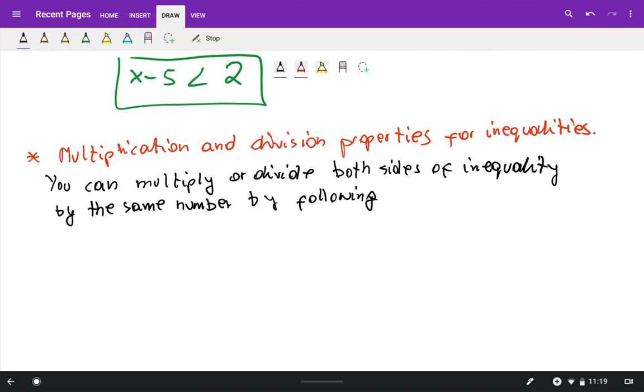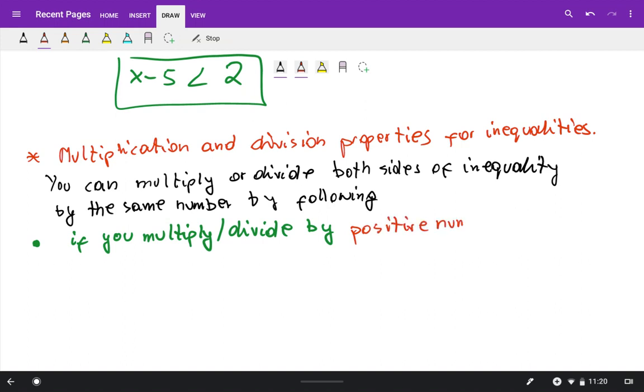Okay, and this is what you're going to follow. First one: if you multiply or divide by a positive number, keep the original inequality.